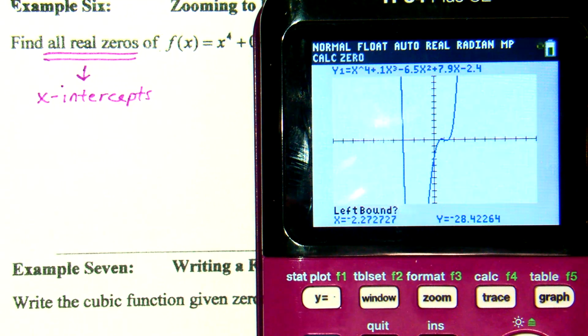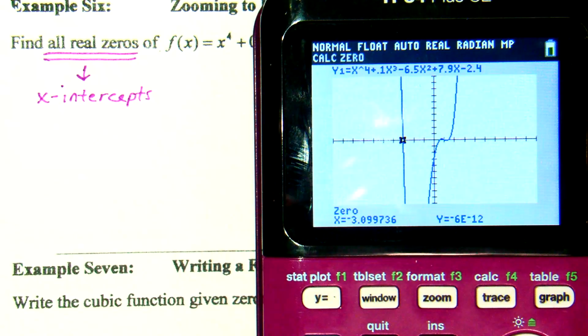I'm choosing to do this before I zoom in because I think it'll be a little easier, which means I need to go above that -3 intercept. Hit enter. Right bound means I need to be to the right of it, which happens to be below it. And then for my guess, the way mine is set up, my guess is just right where I'm at because I can't really get there.